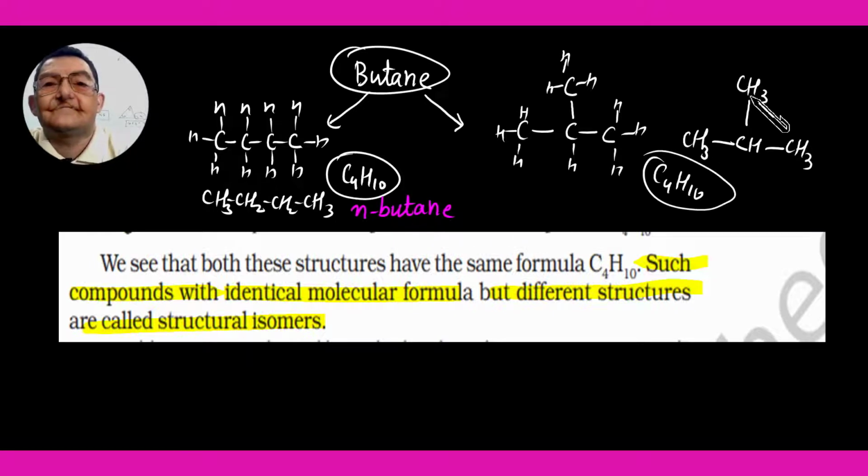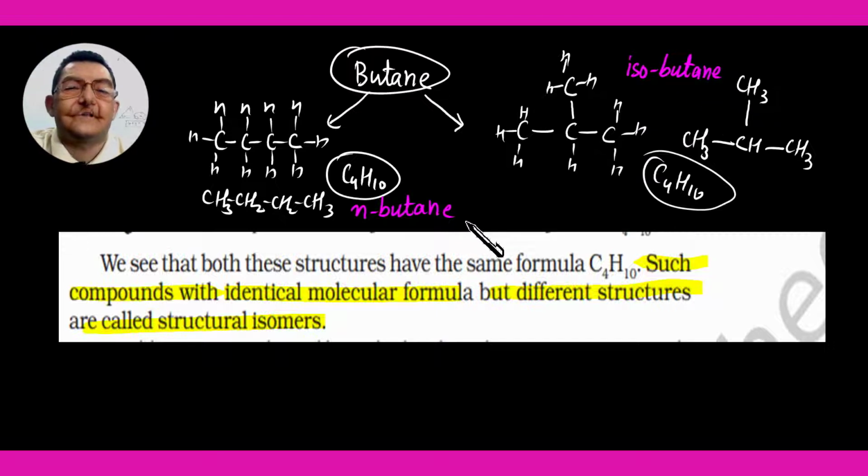And this one, which I'm showing over here, is called isobutane. So what are the two isomers of butane? The two isomers of butane are N-butane and isobutane. N-butane is the straight chain and isobutane is the branched chain isomer.